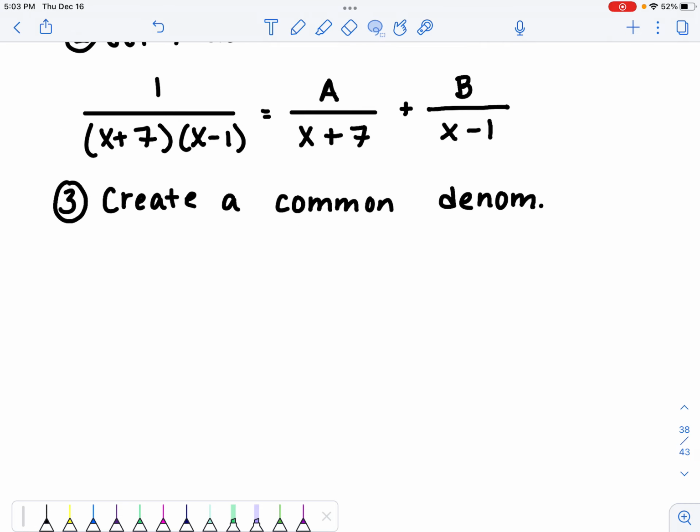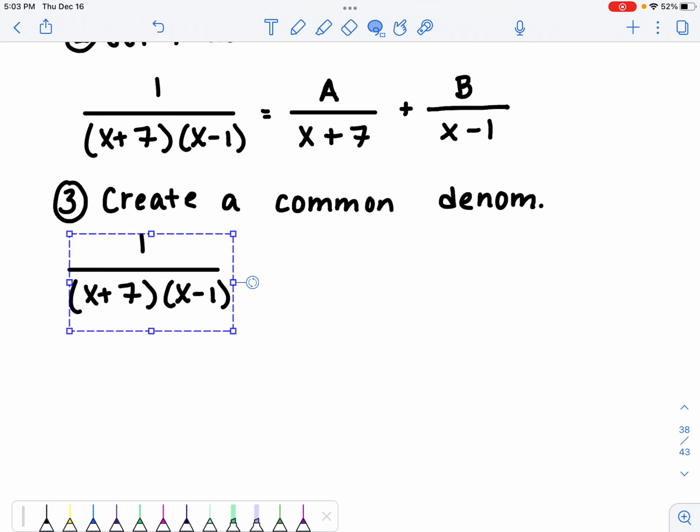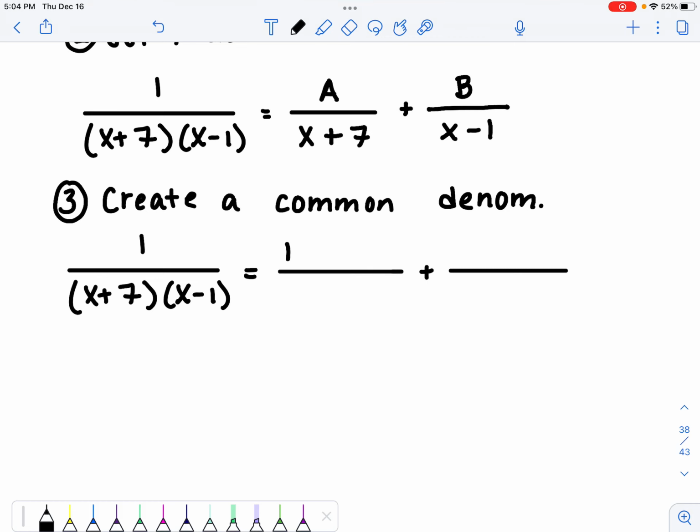So to do that, I'm going to still have this over here, and the common denominator is just going to be the denominator of the integrand. So what I'm going to have to do is multiply each of these fractions by whatever factor they're missing. My first fraction with the A in the top is missing the x minus 1.